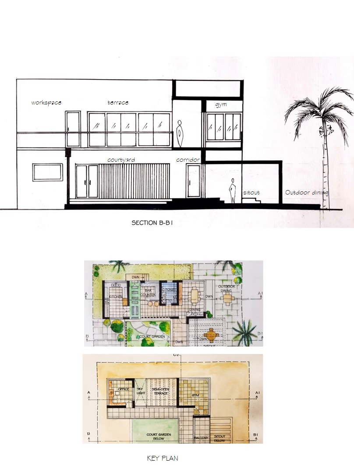Section B dash, the section is taken over here. Here we can see the levels, actual ground level, and this is the level in the courtyard, and this is the corridor, and the sit-out space.